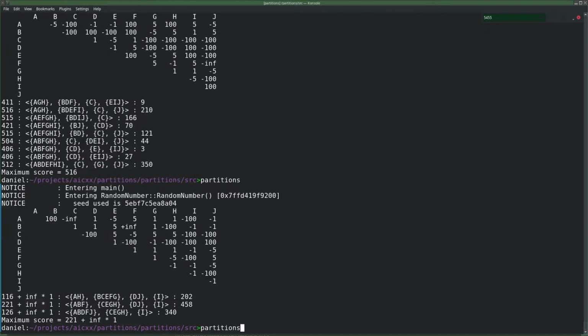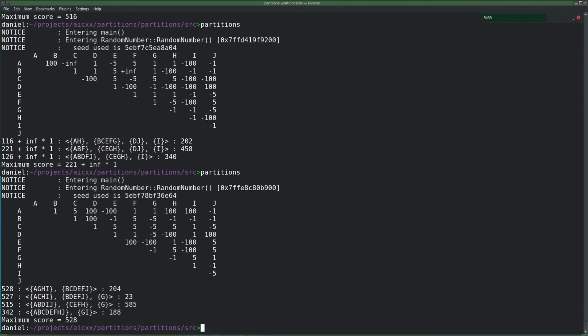I think that in these cases, with the lowest count that reaches a certain local maximum, you can be pretty sure that we found the best solution.